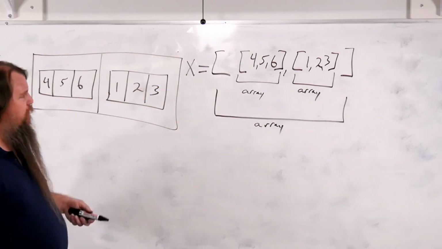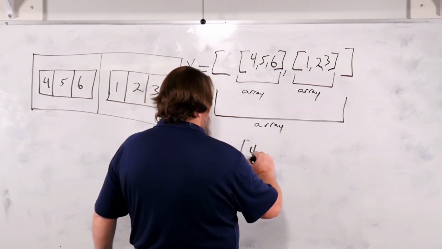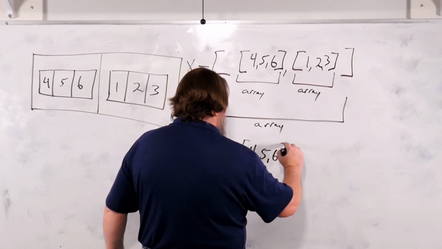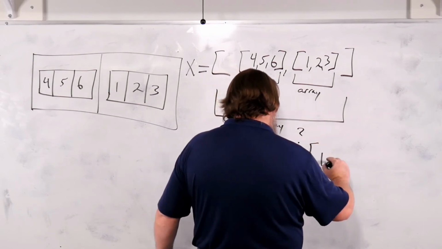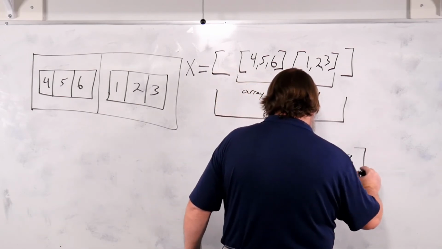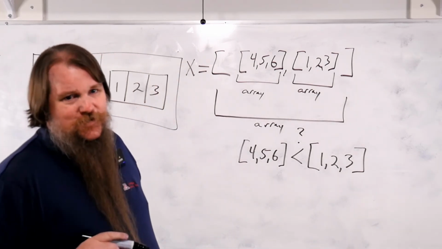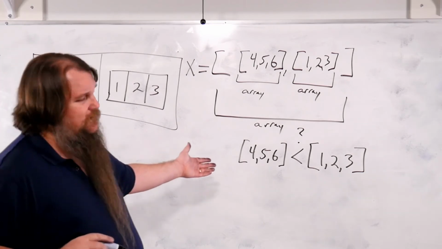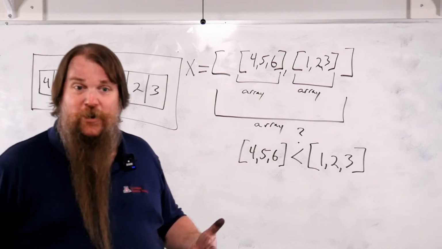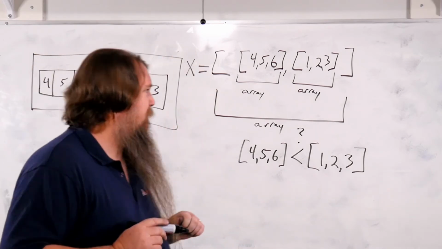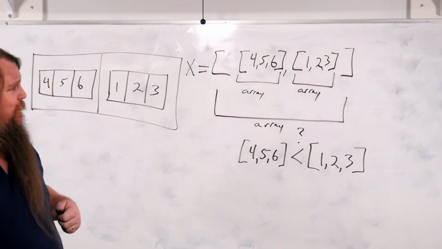Is it possible to compare two arrays? Can you compare [4, 5, 6] less than [1, 2, 3]? Python says yes. And the way Python is going to do this comparison is the same way you would compare two strings. See, this feels very weird. It feels very strange.